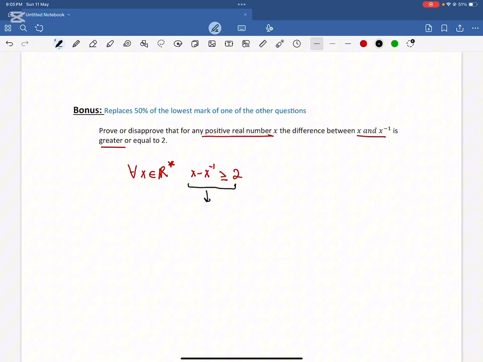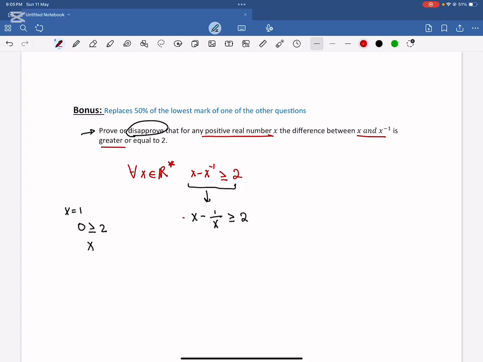This is the same as saying x minus 1 over x greater than or equal to 2. Before choosing to prove or disprove, we can check using numbers. If I plug in x equals 1, it will be 0. 0 is not greater than or equal to 2. So this means we are disproving.